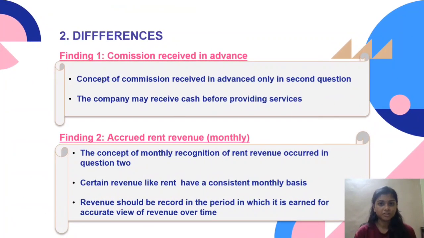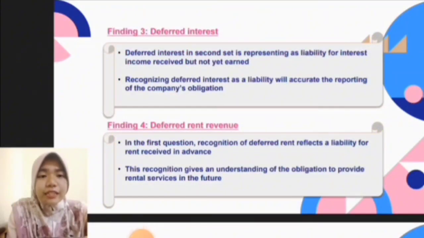Moving on to the differences, finding 1 is about commission received in advance. Finding 2 is accrued rent revenue on a monthly basis. Finding 3 is deferred interest. Deferred interest in the second set is represented as a liability for interest income received but not yet earned.